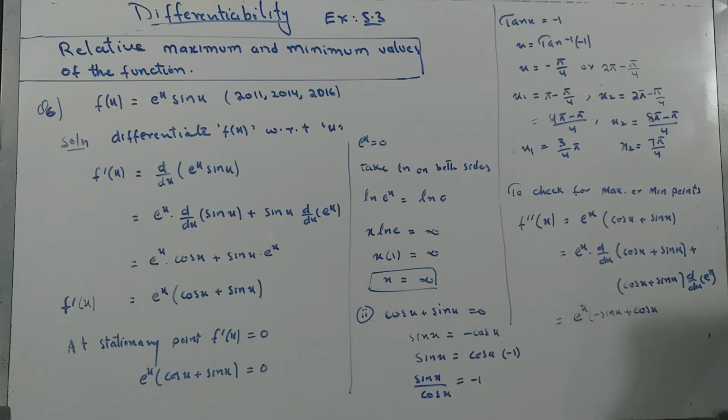This is the derivative of cos x plus sin x: the derivative of cos x is minus sin x and the derivative of sin x is cos x.